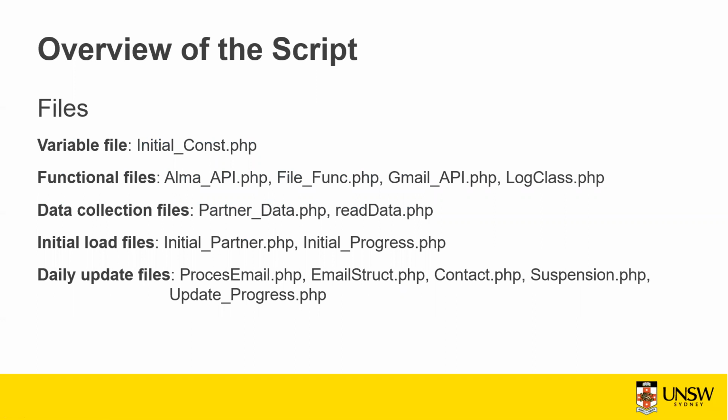The files: you can see we have a lot of files in the project folder, and we can categorize them into five different groups. The first one is the variable file, where we define all constant variables, such as the API key, the server path, and other variables to be used in this script.